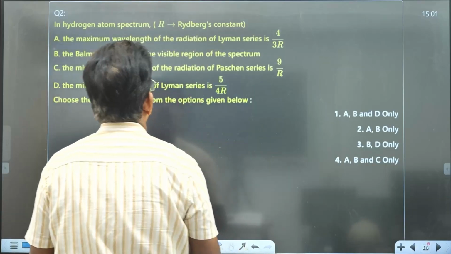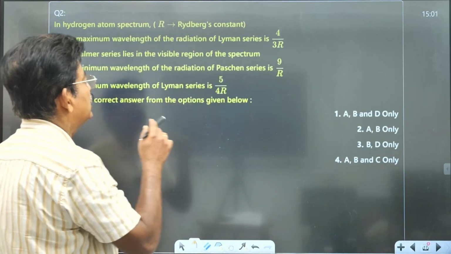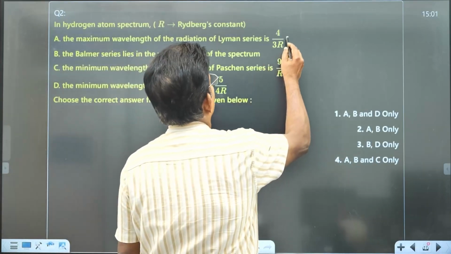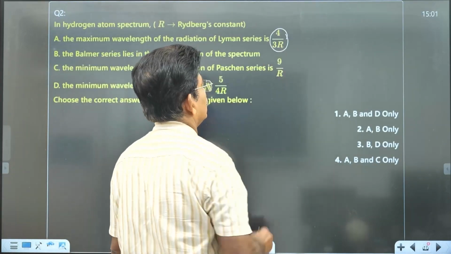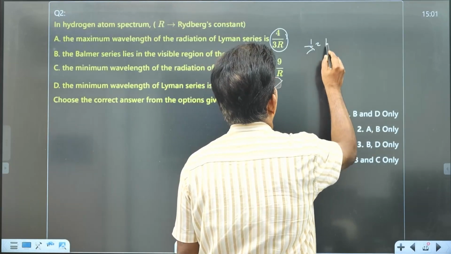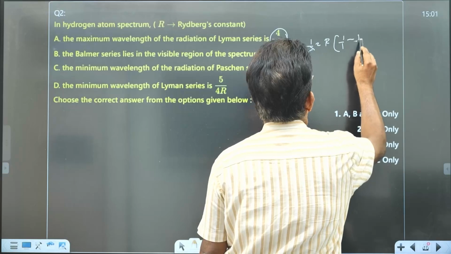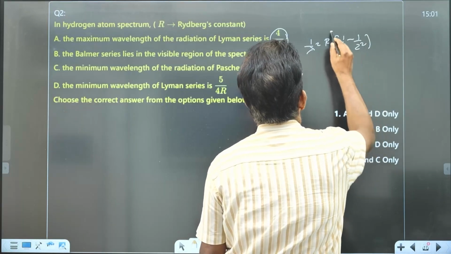Here also, look, the maximum wavelength of radiation of energy lambda by 3 by 4. That's a correct option. We can refer: 1 by lambda is equal to R into, this is Lyman series, 1 by 1 square minus 1 by 2 square. This is a correct option.